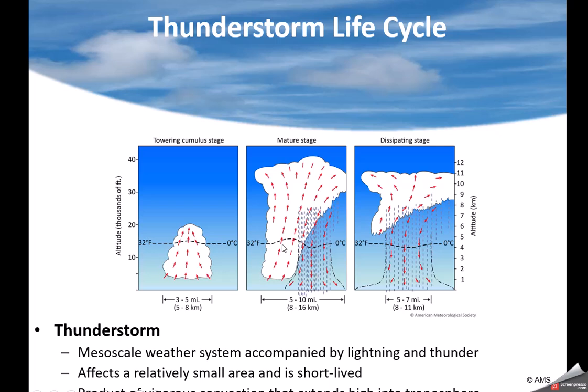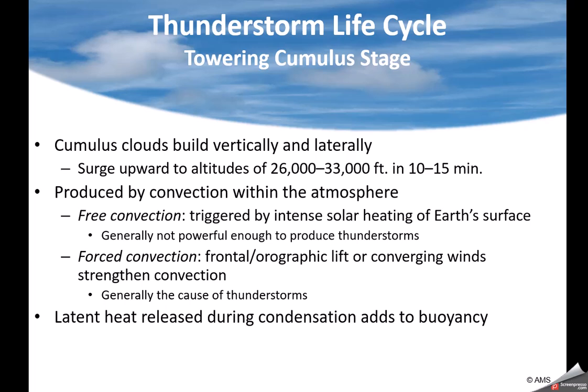So you can see actually the warm air lifting up, dropping down where the cooling is occurring in the rain shaft. And when it comes to the end, what you wind up with is hardly any air going up. All the precipitation is just falling out. That's the 3 stages of a thunderstorm: towering cumulus stage, mature stage, that's when the worst weather is going to be, and the dissipating stage.